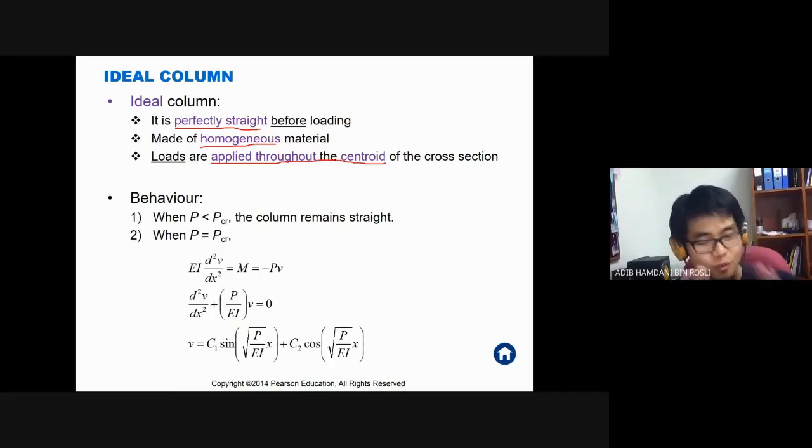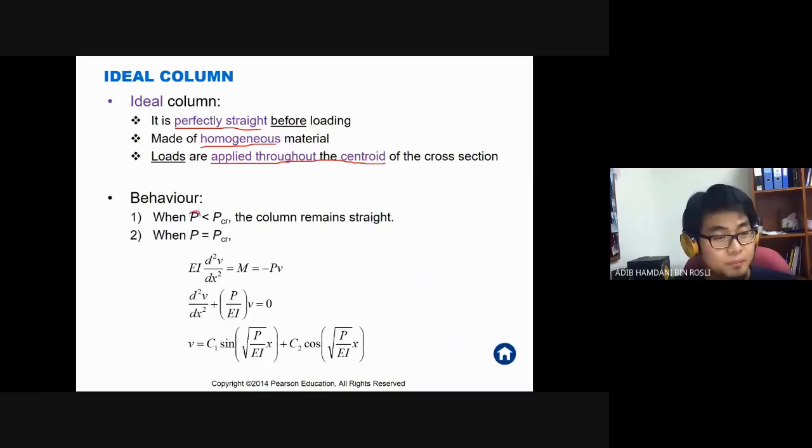In this case, we assume everything to be ideal, but actually it's not ideal. Now, let's look at the behavior of this ideal column.